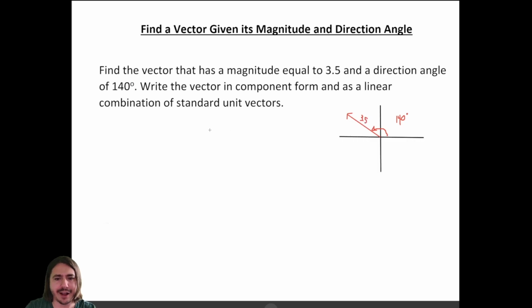Now, what we're trying to do is write the vector like this, and then also as a linear combination. But what this x, y represents are the horizontal and vertical components of this vector. In other words, we're really just trying to figure out what coordinate this is right here.